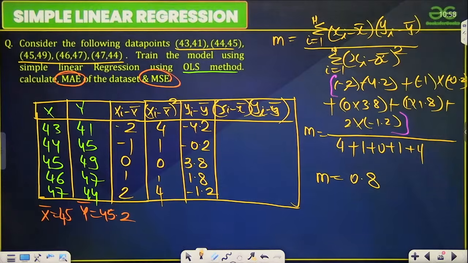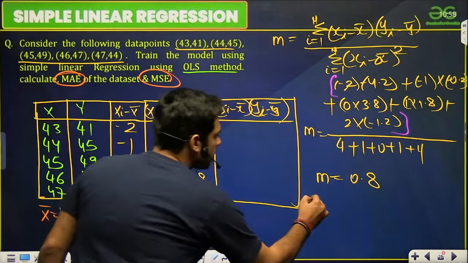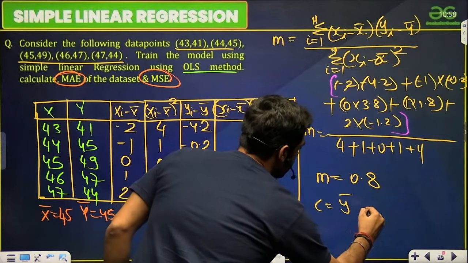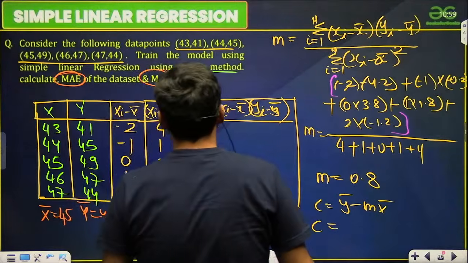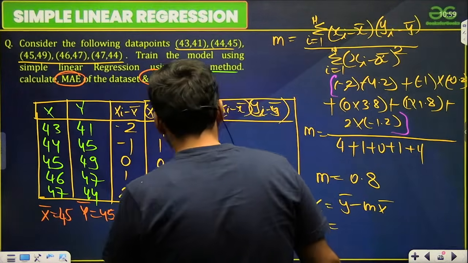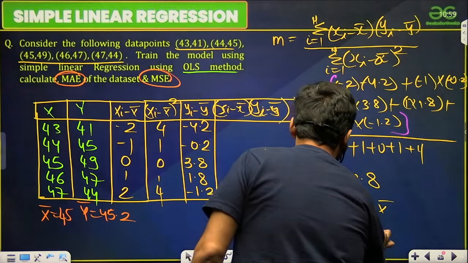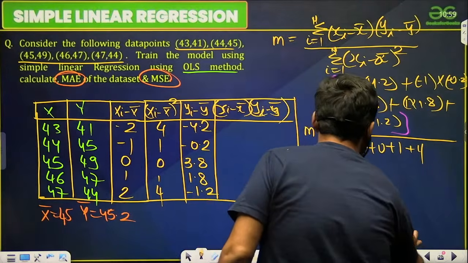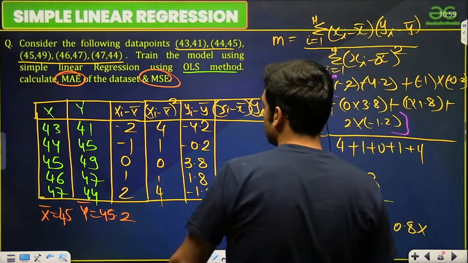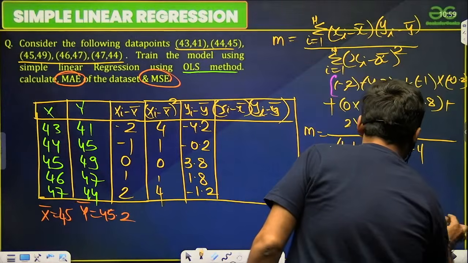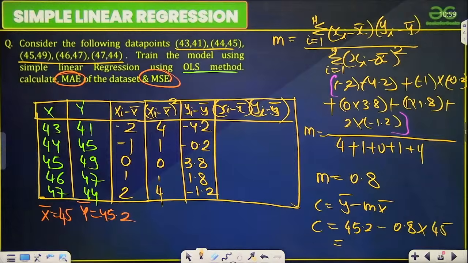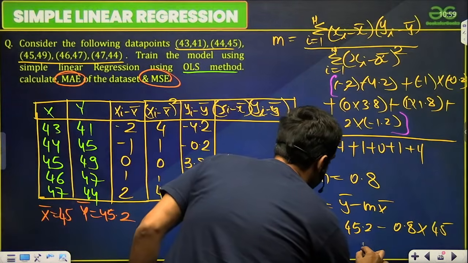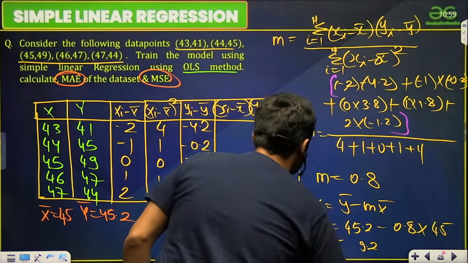And what is the value of C that I would be getting? The C value would be y bar minus m x bar. Y bar would be 45.2 minus 0.8 into x bar, which is 45. So the value of C would be 9.2.